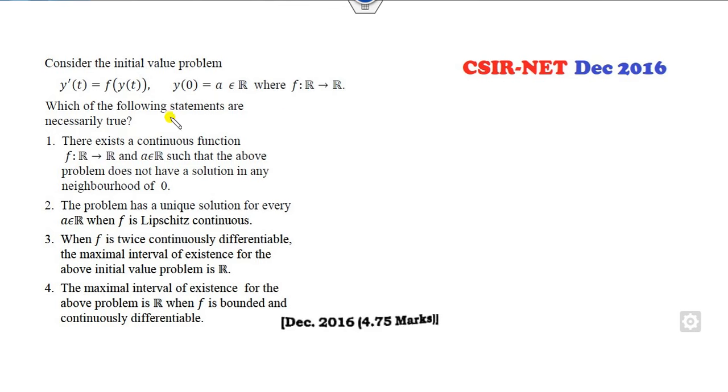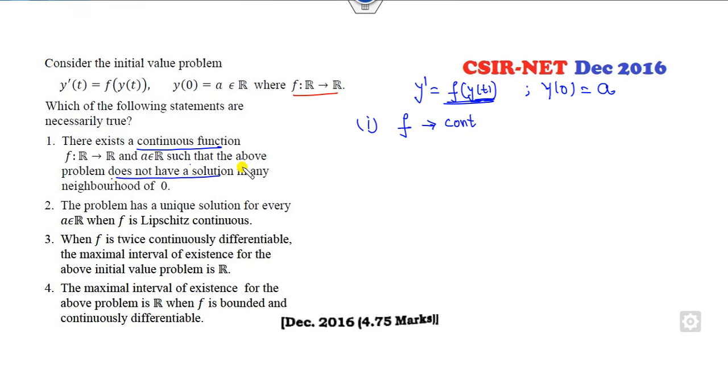Okay, consider the function here where f is any function. It is not given whether it's bounded, continuous or so. Which of the following statements is the correct option? y dash is a function of t, y of 0 is a. Fine. There exists a continuous function f such that our problem does not have a solution.